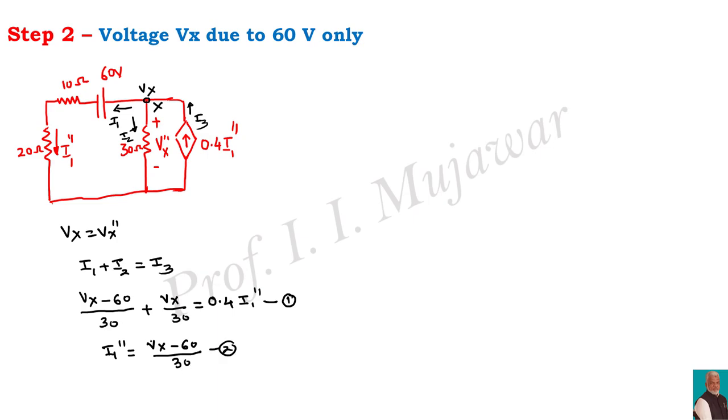If I use equation 2 in equation 1, I get (Vx minus 60) by 30 plus Vx by 30 is equal to 0.4 times (Vx minus 60) by 30.